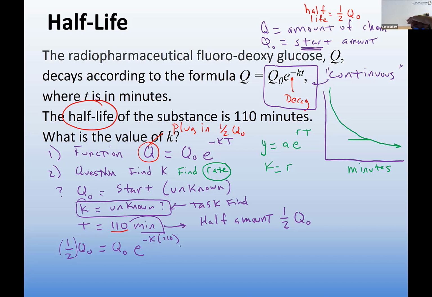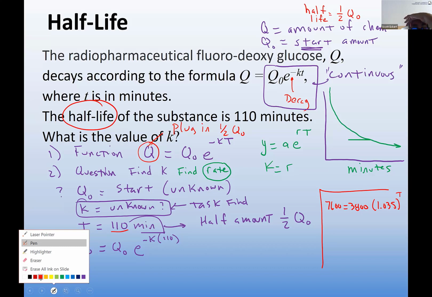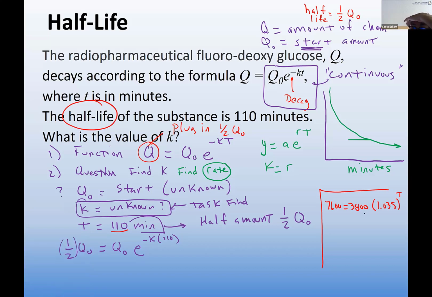But what would be our first algebra step to find K? Remember the last problem? What was our first algebra step to find T? We divided both sides.